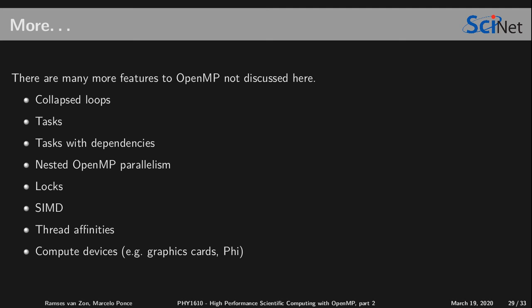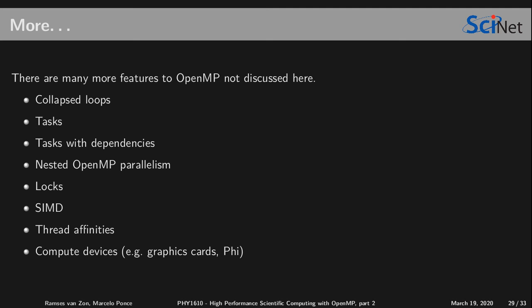There are vector instructions in modern chips that can do single operations on multiple data, so SIMD. You can have OpenMP express that this is what you want. You can work with thread affinity. Sometimes it matters if the thread is always on the same core or not, or on the same core as where your memory resides. Those are details that can matter for performance.